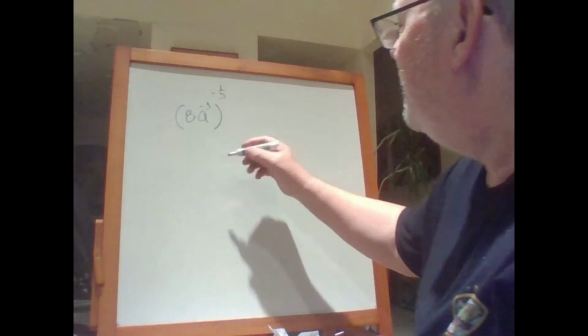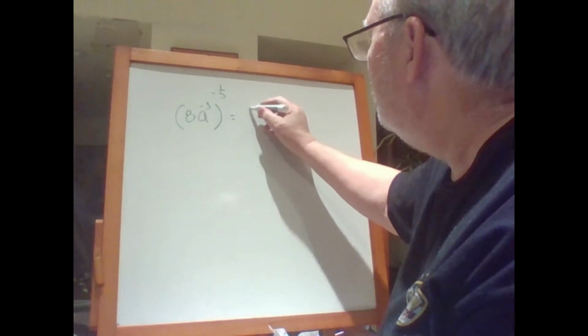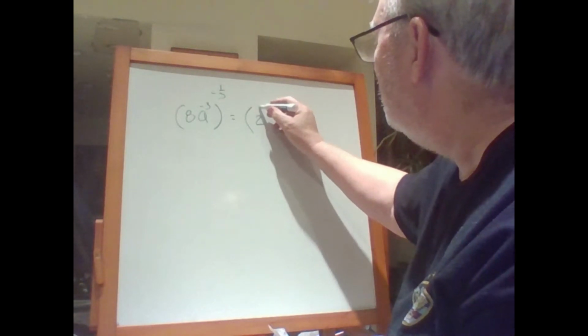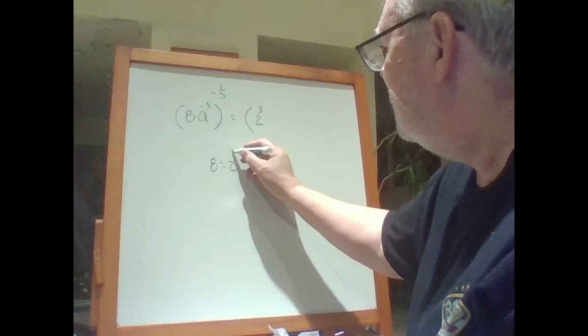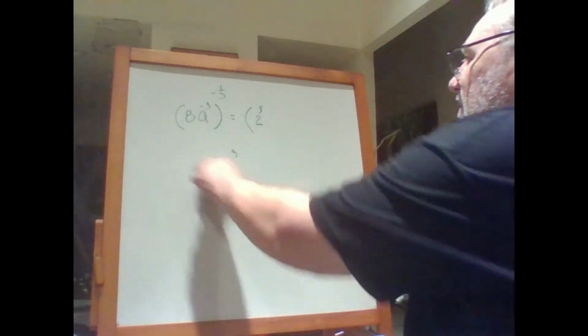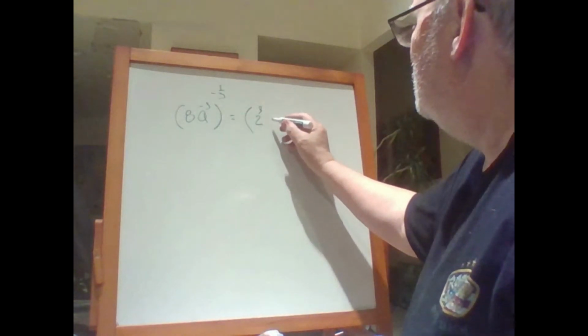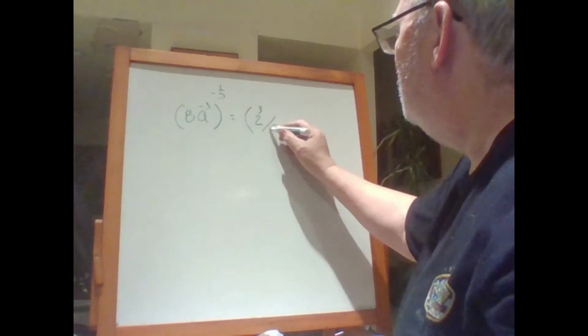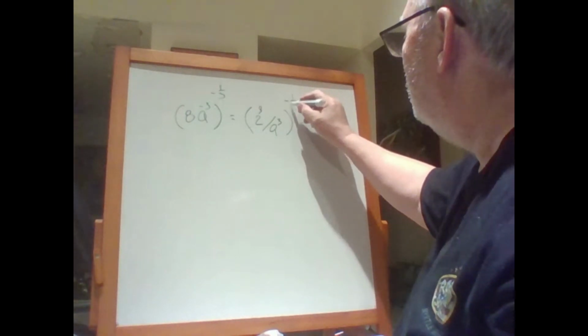Okay, so basically, if we recognize, 8 equals 2 to the 3rd. And that is over a to the 3rd, all to the negative 1/3.